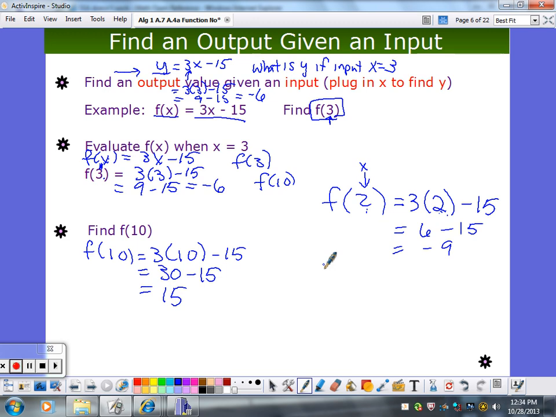So how would I do f of negative 1? Looking for somebody having a little trouble seeing it. I just want to be walked through it. Okay, you want to try this one? So f of negative 1, what am I going to do?